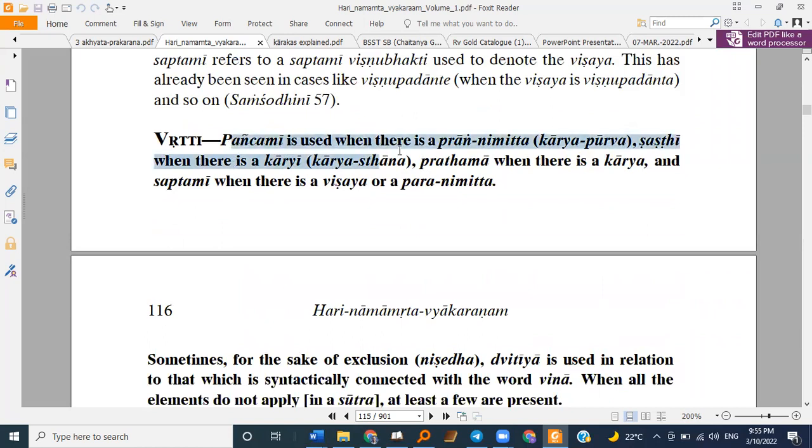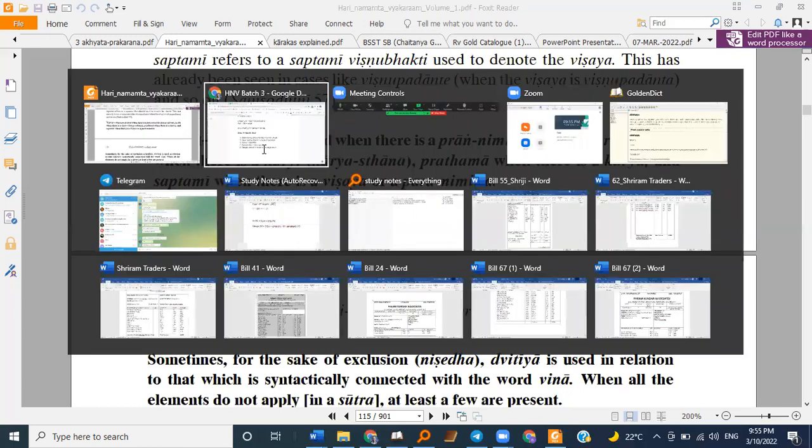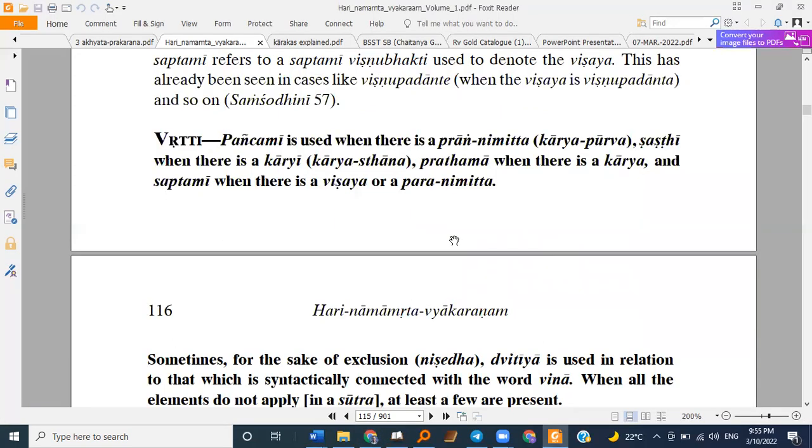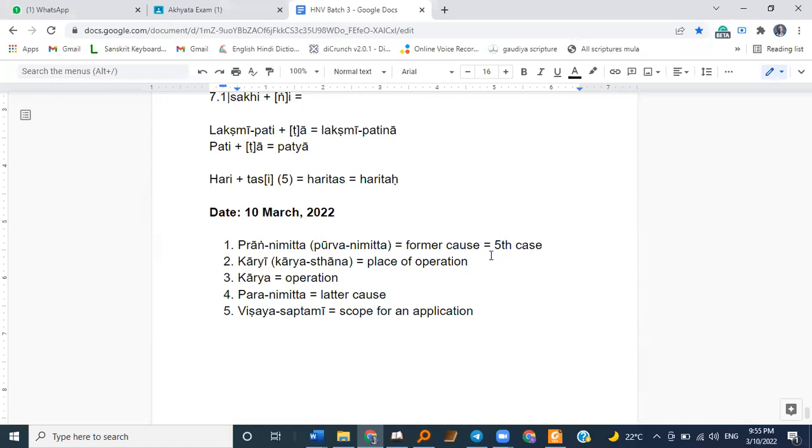Panchami is used when there is a prang-nimitta. Prang-nimitta is the purva-nimitta. So the fifth case is used for Purva Nimitta. Then Shashti is used when there is a Kari, Karisthana. So Shashti, the sixth case, is used for the place of operation.